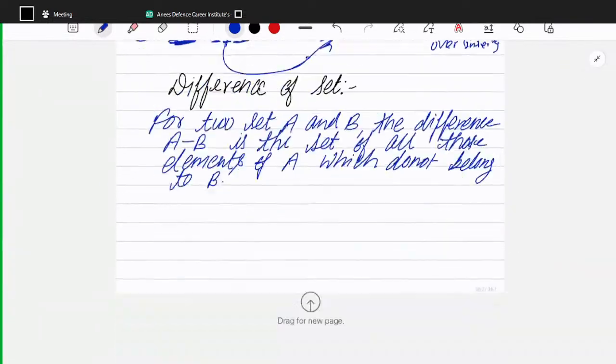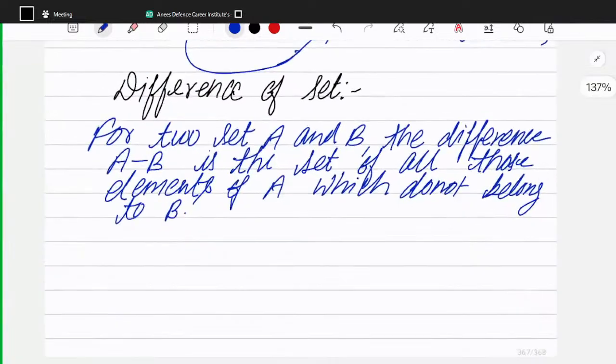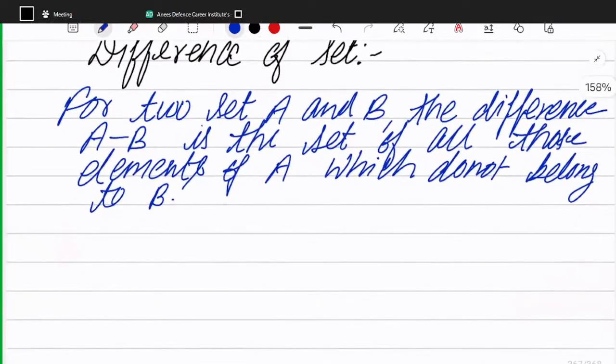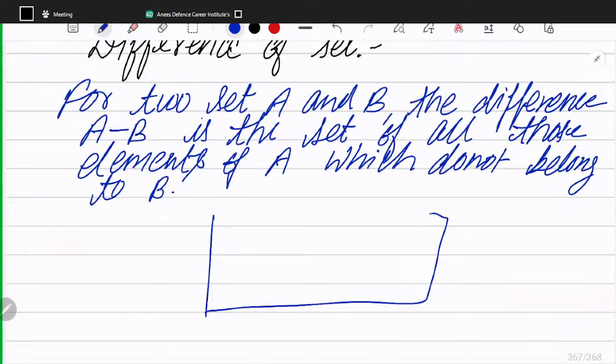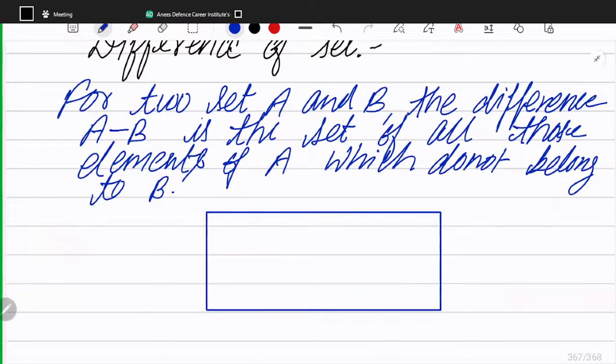I'm just representing by the help of Venn diagram the difference of A and B. Let us say this is a rectangle.